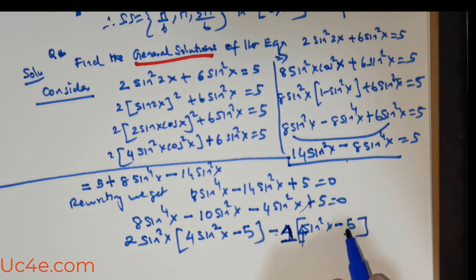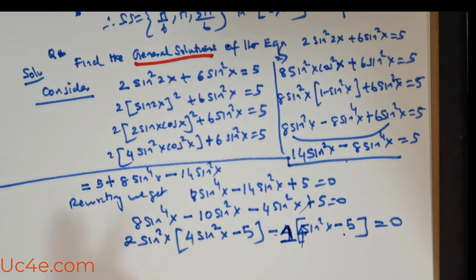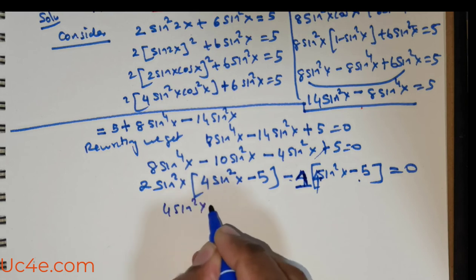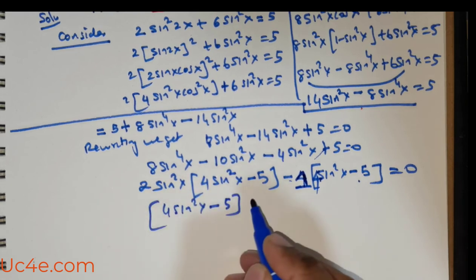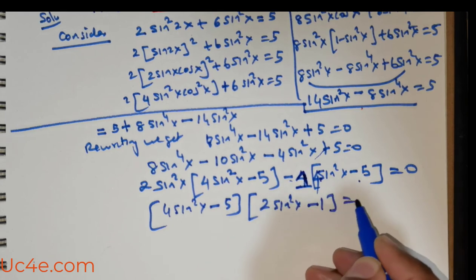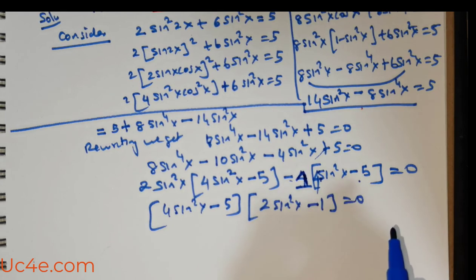Negative 1 times negative 5 would give me positive 5. So that's fair enough, right? So 4 times sine squared x minus 5, 4 times sine squared x minus 5. I can take 4 times sine squared x minus 5 as a common factor, giving me 2 times sine squared x minus 1 is equal to 0, right?